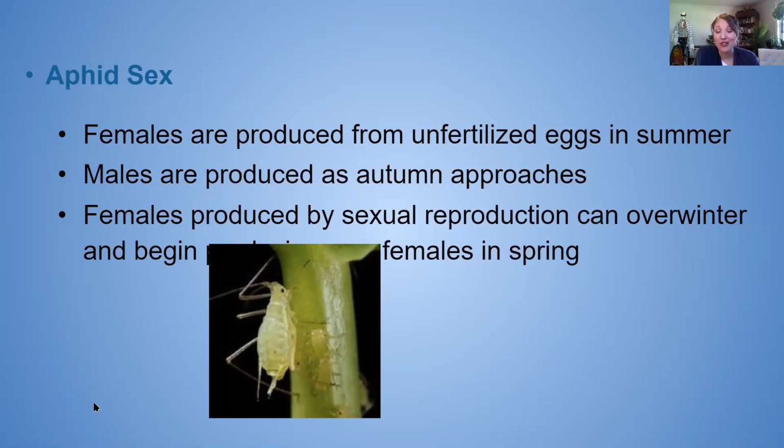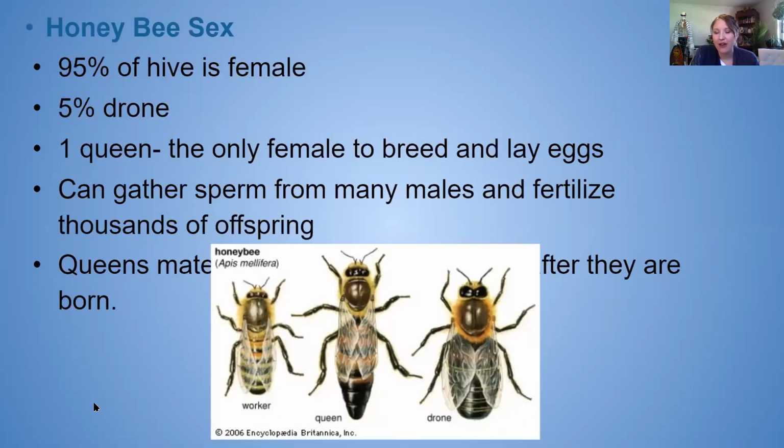Males will develop and hatch later in the autumn, and they will go around fertilizing as many eggs as they can. Any egg that gets fertilized becomes male, and any egg that remains unfertilized becomes a female. So the number of sets of chromosomes they have determines their gender.